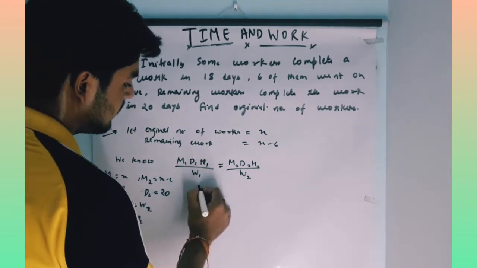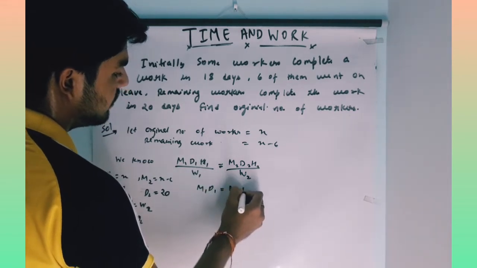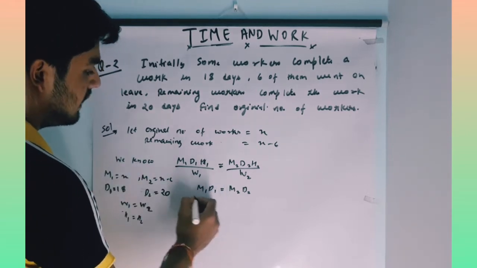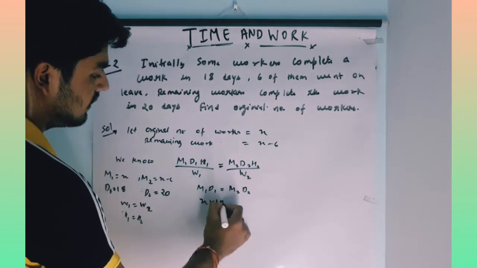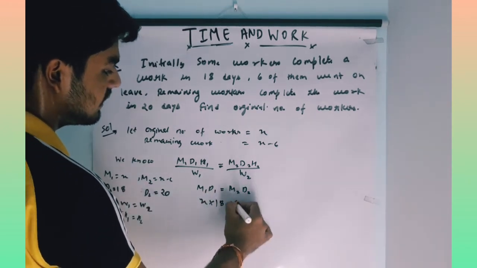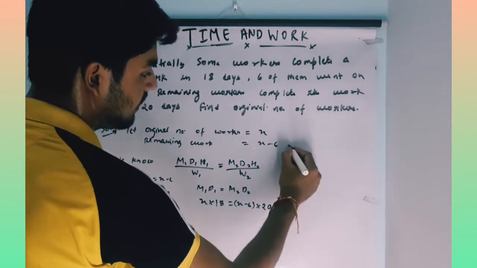So we get M1 D1 is equal to M2 D2. Here M1 is X multiplied by D1, and M2 is X minus 6 multiplied by D2, which is 20.